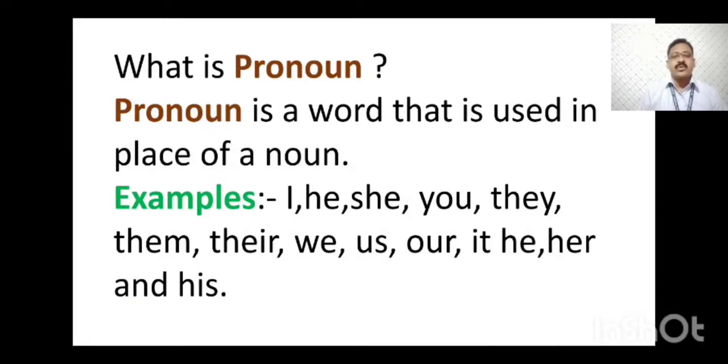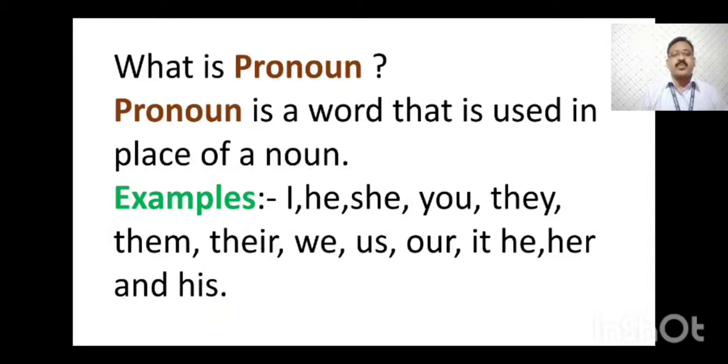Rather, after using the noun the first time, if we are using the same noun in the second, third, fourth sentence, then you have to add a pronoun instead of the noun. So this word which we use instead of the noun is called a pronoun.